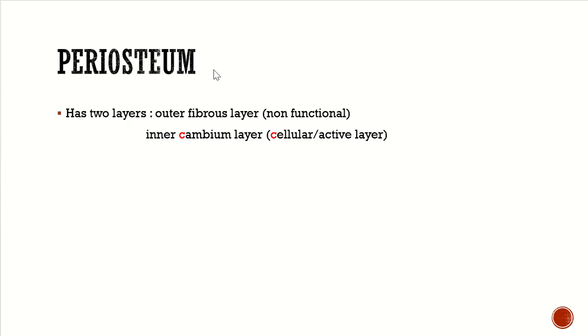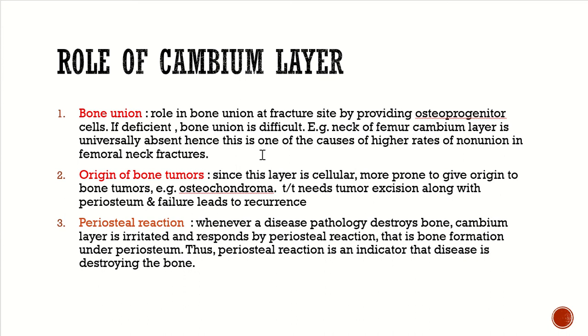And now we have periosteum. Periosteum has two layers: the outer fibrous layer, that is non-functional, and inner we have the cambium layer, that is the cellular or active layer. The inner layer is more important, so we have to discuss the cambium layer.